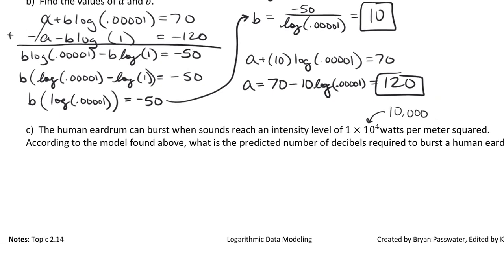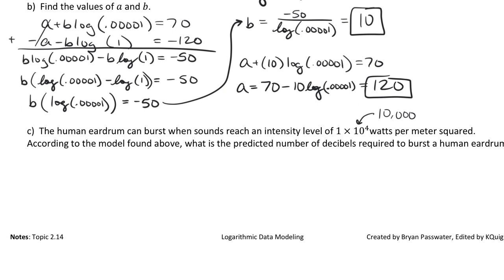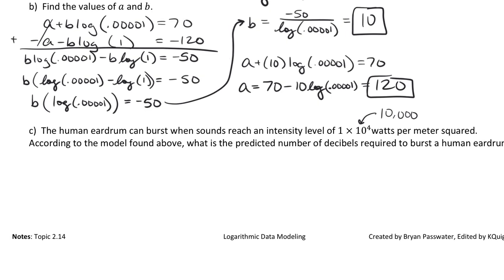So when we reach an intensity level of 10,000 watts per meter squared, according to the model found above, what is the predicted number of decibels required to burst a human eardrum? Giving me 10,000 watts per meter squared, did they give me the input or the output? Input. They gave me that the intensity of this sound is 10,000.